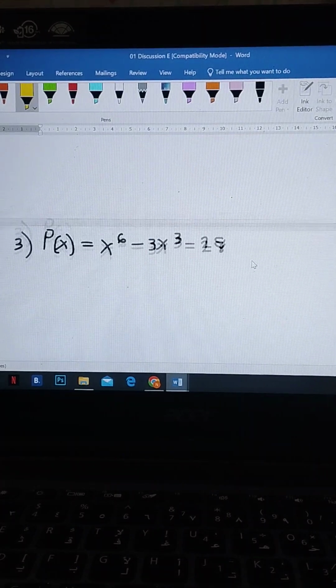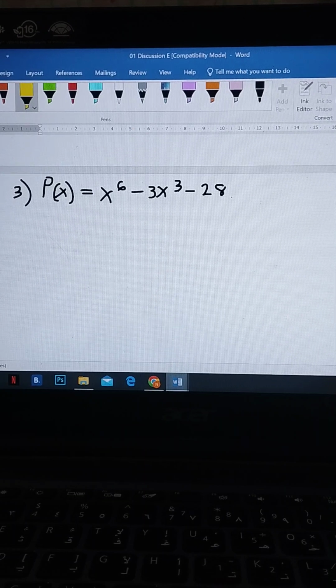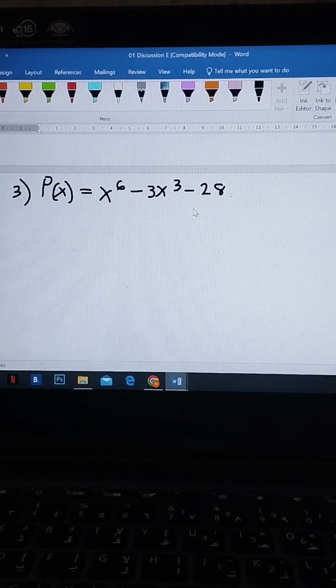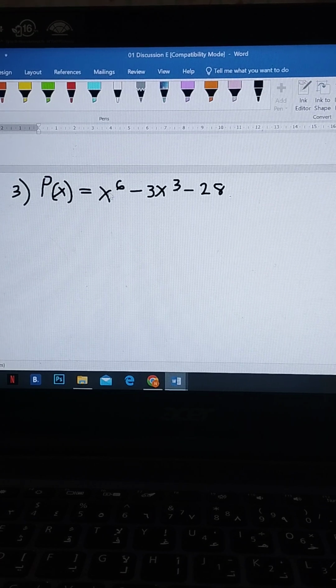Okay, next, number 3. For this type of polynomial, you are just factoring a quadratic trinomial, because the degrees here are 6, 3, 0.